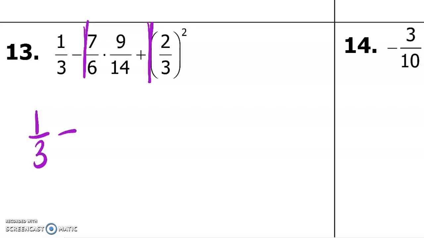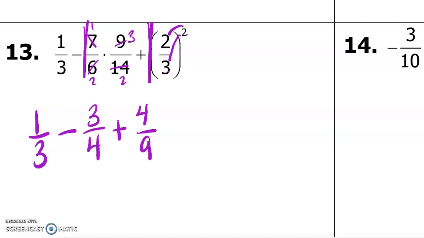Again, you can think about like 7 goes into there twice, 3 goes into there 2 times and 3 times, and you can do it that way, and you get 3/4. Or again, just use your fraction button. Plus 2/3 squared. Again, you can do that with your parentheses and your ABC button, or you can do 2 squared, which is 4, and 3 squared, which is 9 for 4/9.